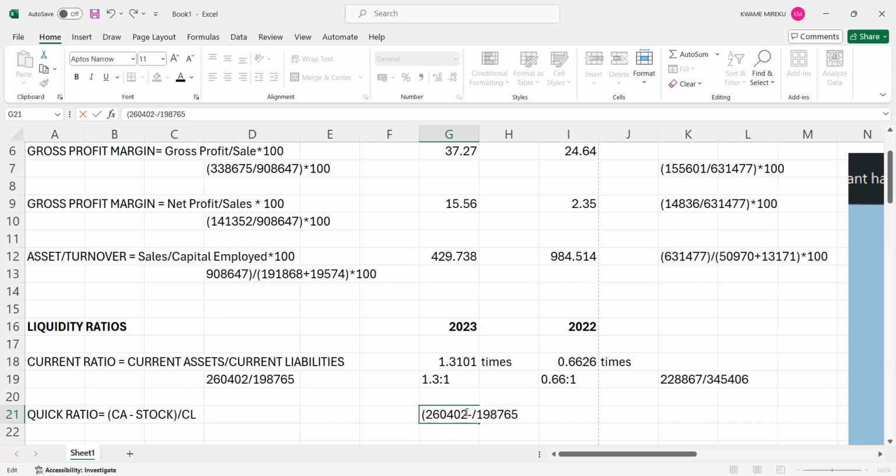So what is the stock figure for 2023? Can you check what is the stock figure, your inventory figure for 2023? 128212. So subtract your stock from your current assets before you divide it by the liabilities.